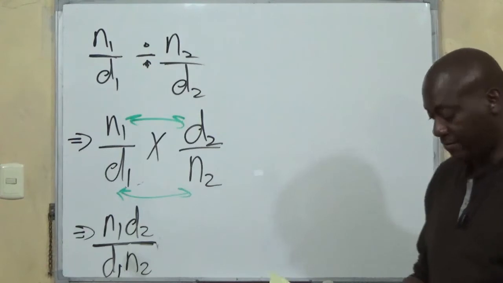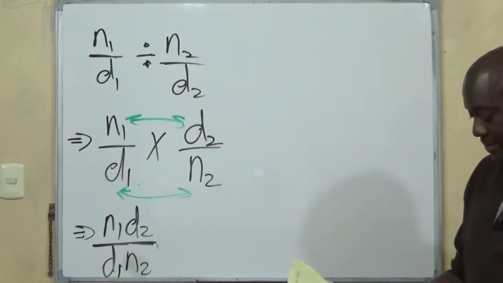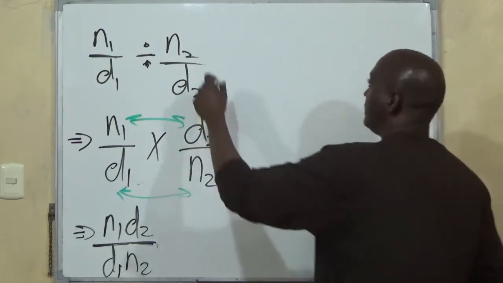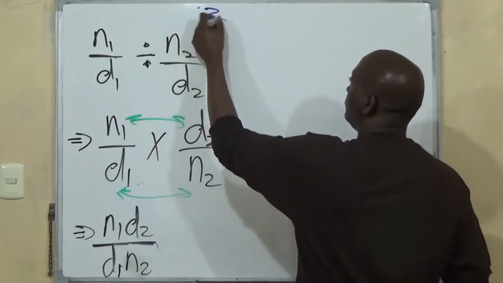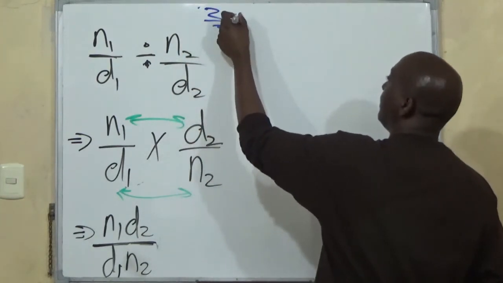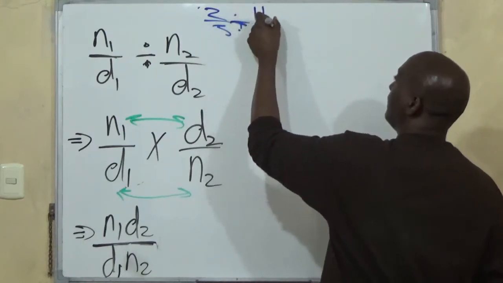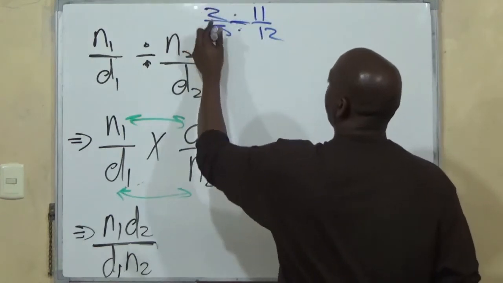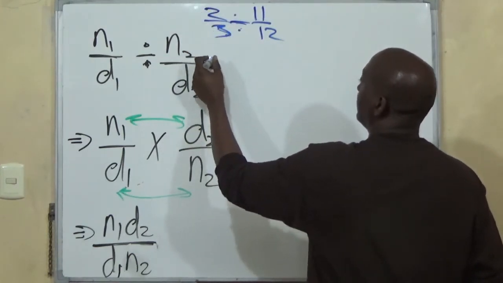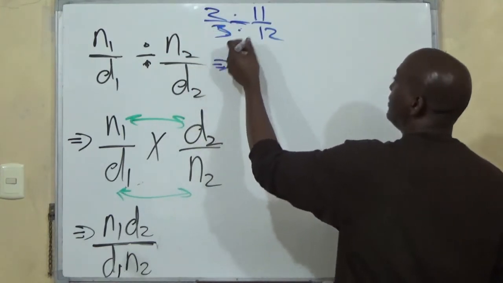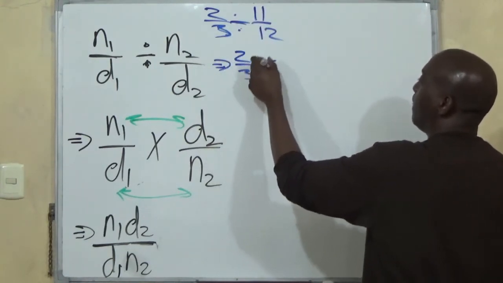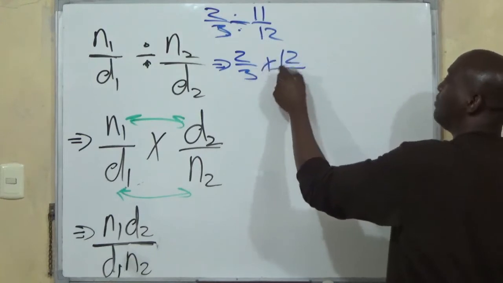So if we have 2/3 divided by 11 over 12, next step will be what? You reciprocate the second fraction. So this will be 2 over 3 multiplied by 12 over 11.